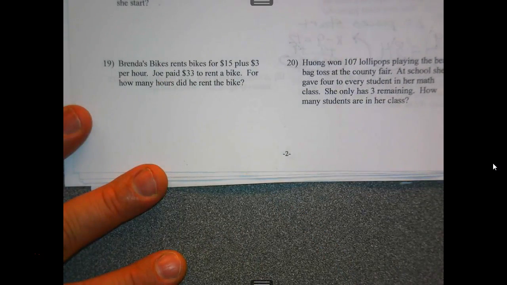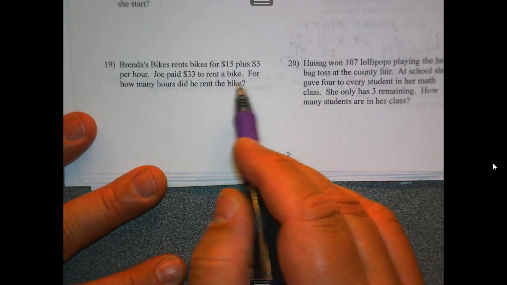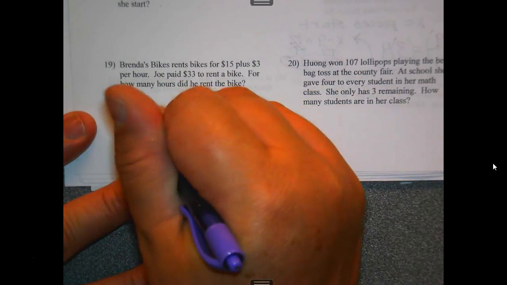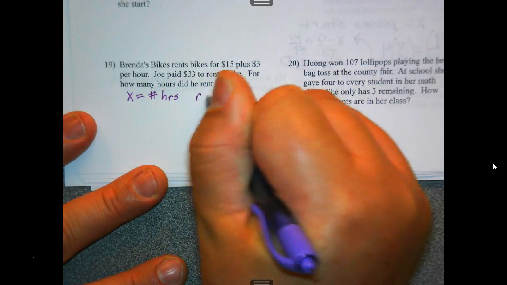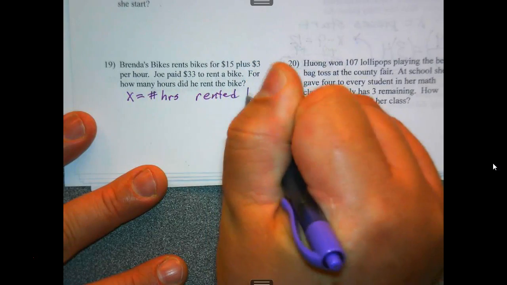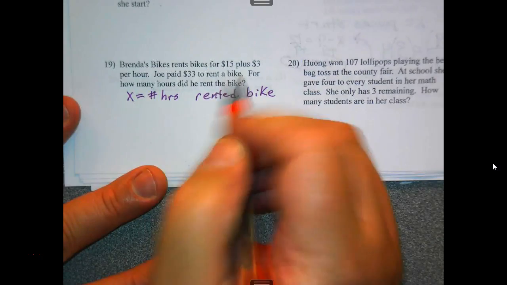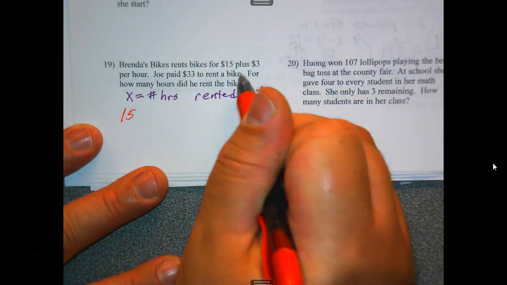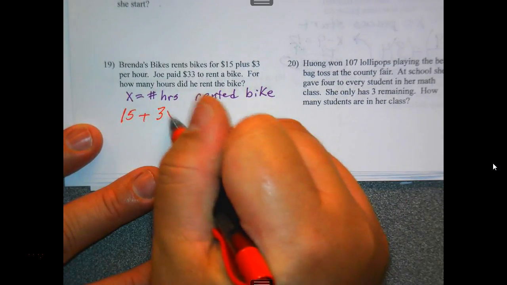Brenda's bike rents bikes for $15 plus $3 per hour. Joe paid $32 to rent a bike. For how many hours did she rent this bike? Okay, so x is going to equal number of hours rented bike. Okay, so $15 plus $3 per hour.